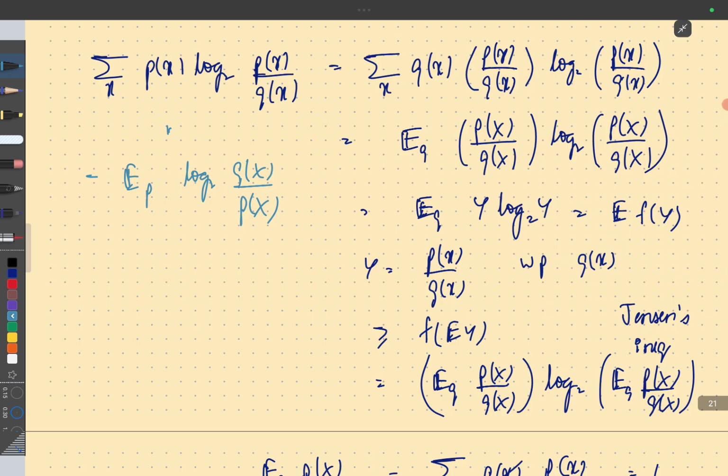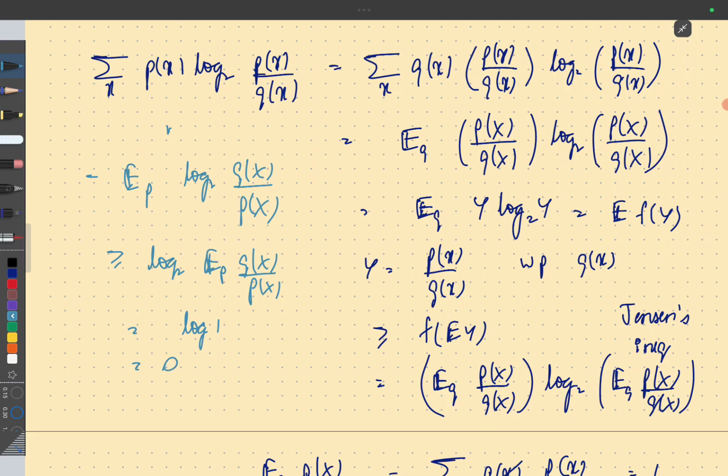Now again, you can use Jensen's inequality, but you also have an additional negative sign. So this is going to be greater than or equal to negative log of expectation with respect to p of q of x by p of x, which is equal to negative log 1, which is 0.